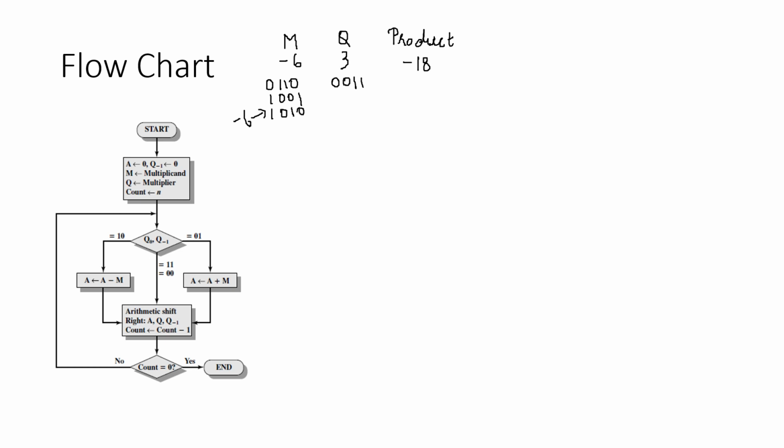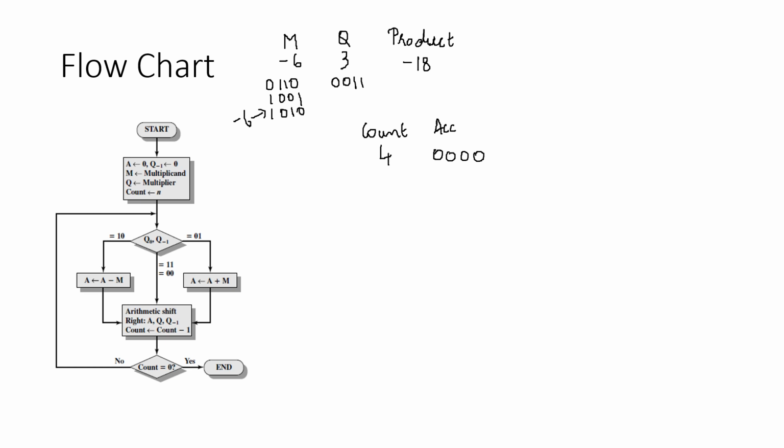Before we start, let's put all this in a few columns so that it is easier to understand. The first column will be the count. Count is initialized to n, which is the number of bits, and that is 4 in this case. The second column is the accumulator, which is initialized to 0, containing n bits, which is 4 zeros in this case.